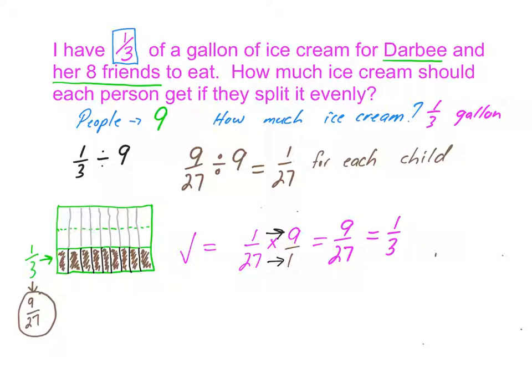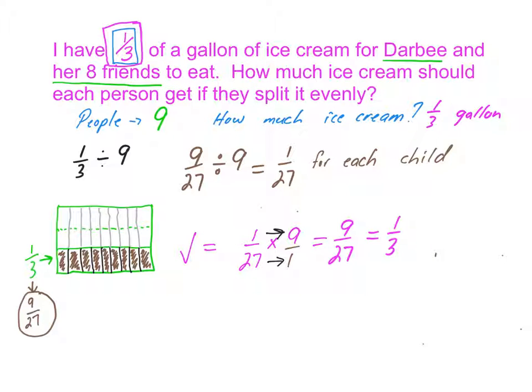So by drawing the picture, we can find an equivalent fraction for our original 1/3. We find an equivalent fraction that we can easily divide by to make the question work. Here, we took 1/3 and rewrote it as 9/27.